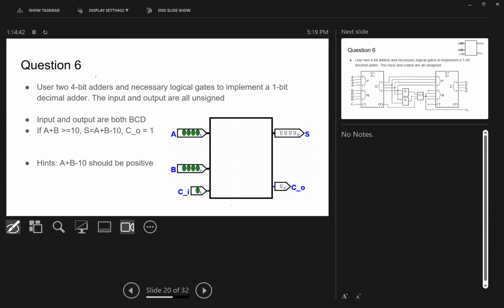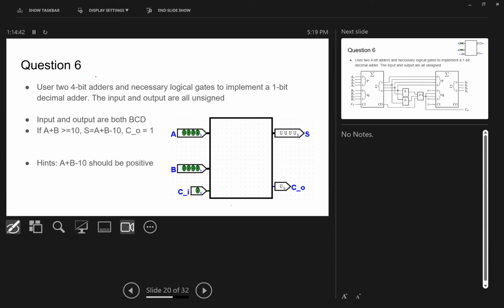So actually, in this case, it means that in the decimal 4 case, we are going to wire the output 6 with the input 4 together, right?